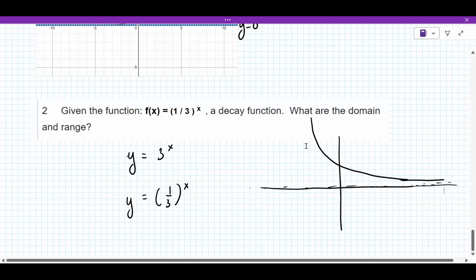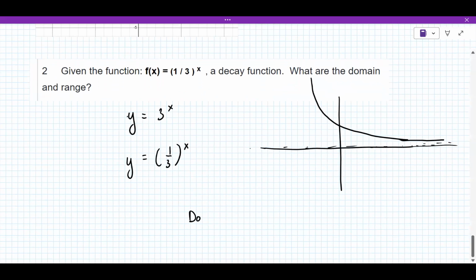Okay, so the domain here, until otherwise, is going to be minus infinity to infinity. But the range will depend on what's called the horizontal asymptote. Okay, and the horizontal asymptote is the number that's being added to this, which isn't there, so y equals 0.